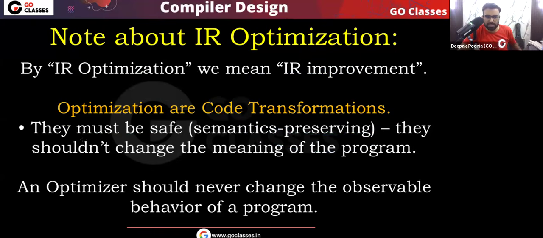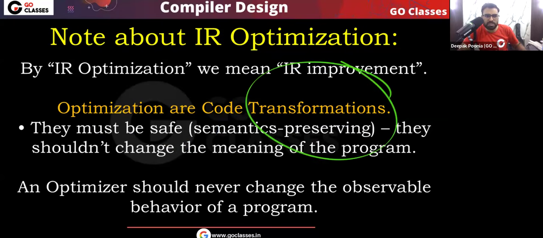And one more thing, this is important: this optimization, or this transformation, must be safe. What is the meaning of safe? Safe means semantics preserving, or function preserving. So the transformation must be safe. Safe means that it should not change the meaning of the program.